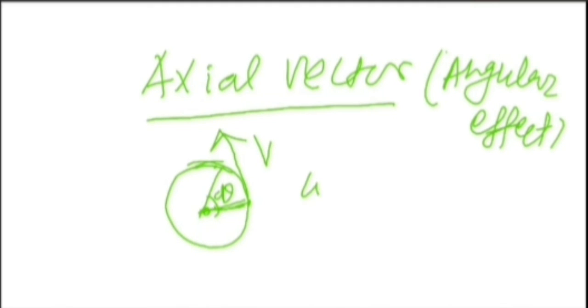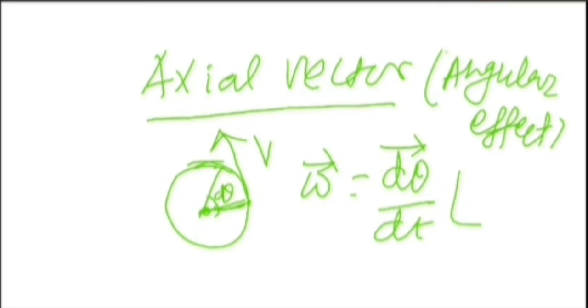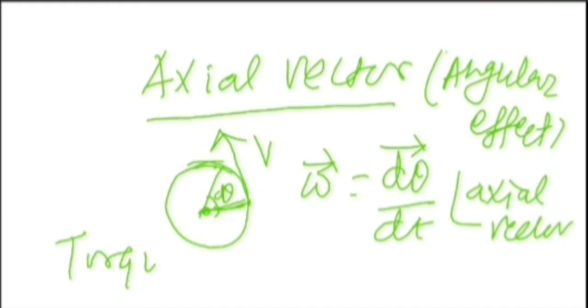Then angular speed can be written as d theta by dt. This is called angular velocity, and this is an example of axial vector.